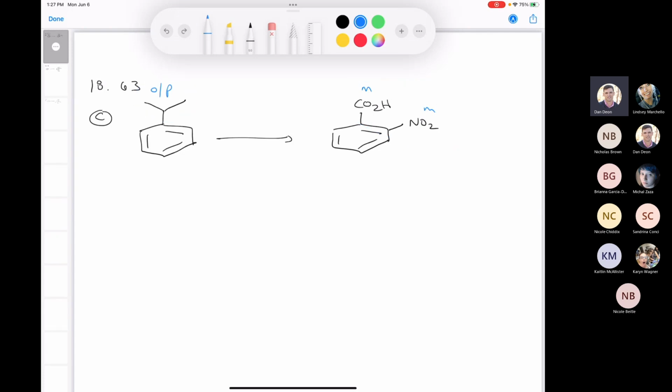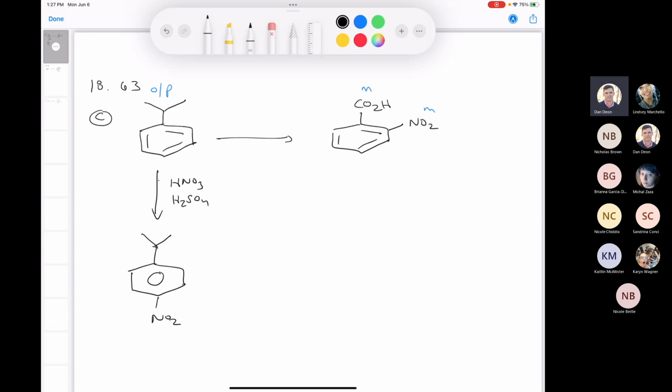Now you might think, okay, do I want to put the nitro group in? Because if I tried to just take this compound and install a nitro group with some nitric acid and sulfuric acid, that's not going to work. You will get nitration, but you're only going to get it in the para position. You'll only end up with this compound.